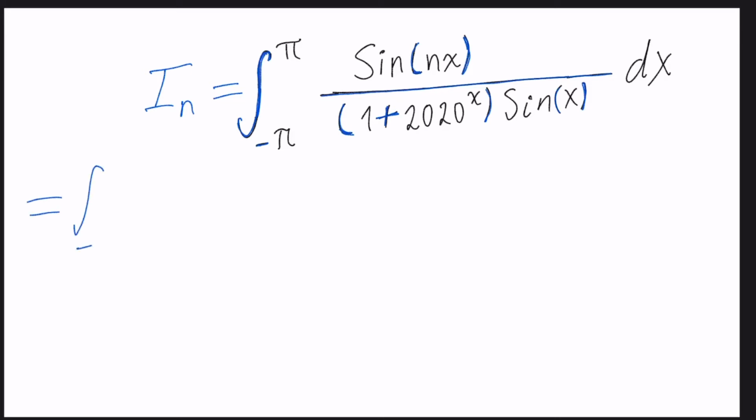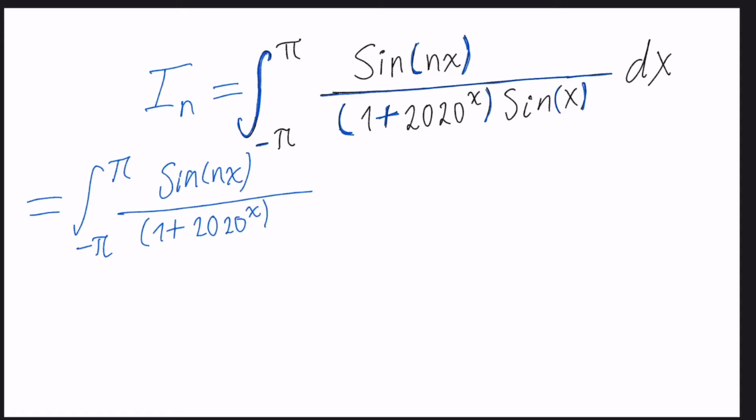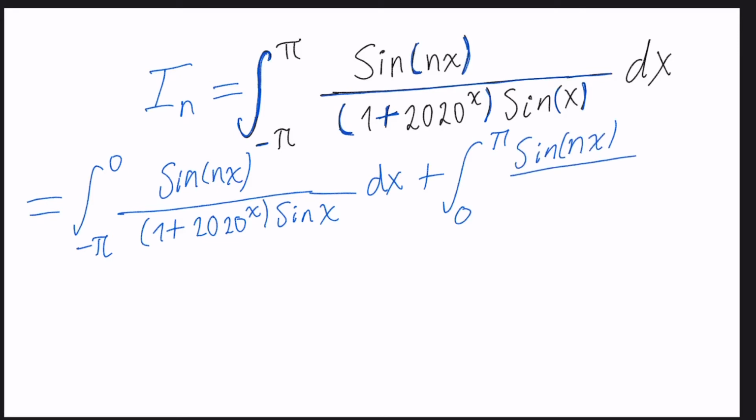The idea is to write the integral from minus pi to pi of sine of nx divided by 1 plus 2020^x multiplied by sine of x dx as the integral from minus pi to 0, plus the integral from 0 to pi of sine of nx divided by 1 plus 2020^x multiplied by sine of x, everything by dx.